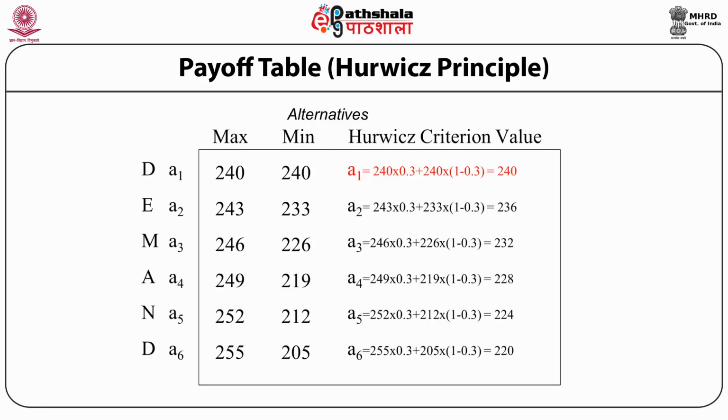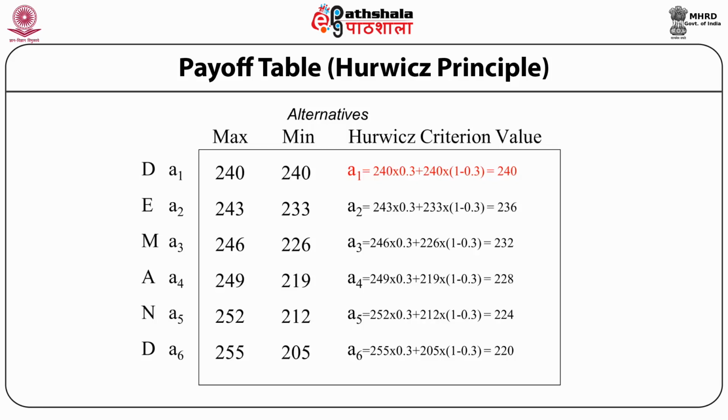For each alternative, maximum payoff is multiplied by alpha and minimum payoff is multiplied by 1 minus alpha, and then the sum of both products is known as the Hurwicz criterion. The strategy for which the value of Hurwicz criterion is the maximum is finally selected.